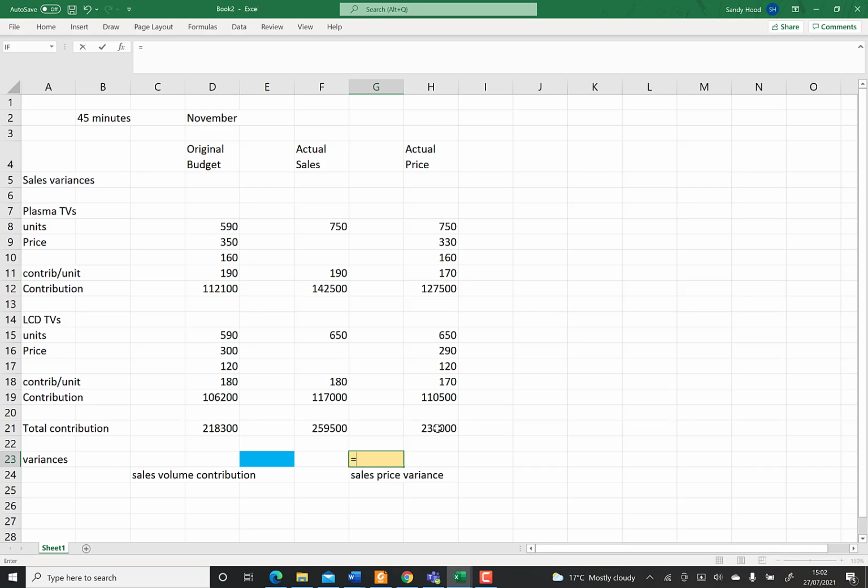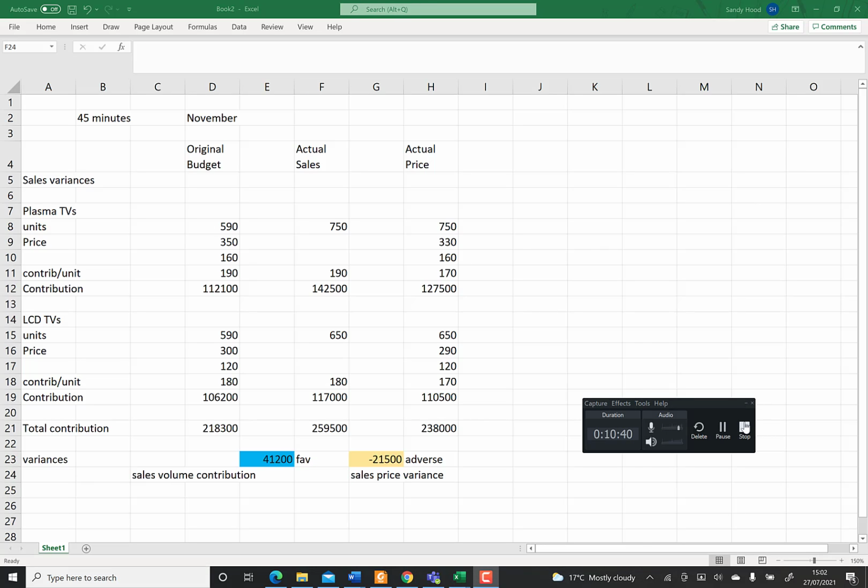So here we've got an adverse sales price variance, and here we've got a favourable sales volume variance. And I hope that that makes perfect sense. So we'll stop there.